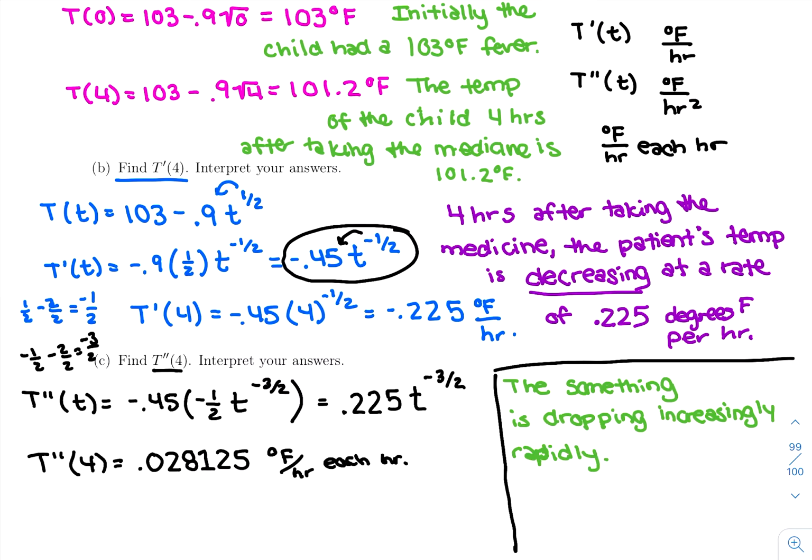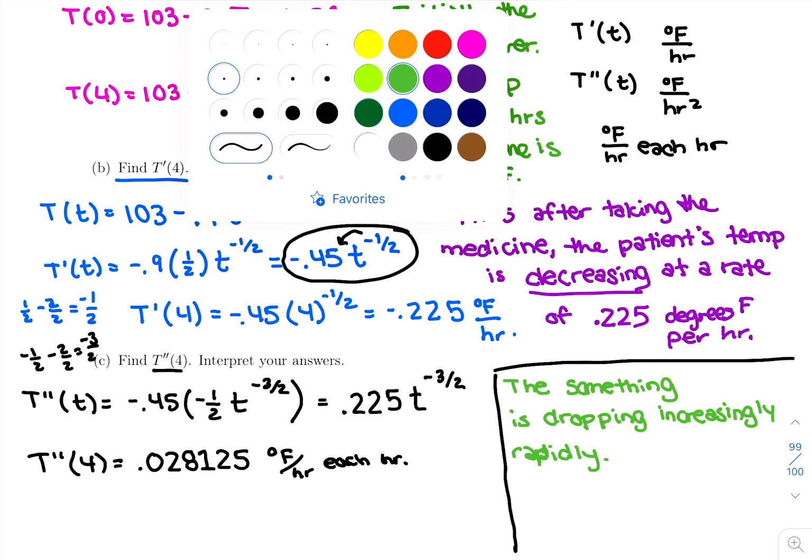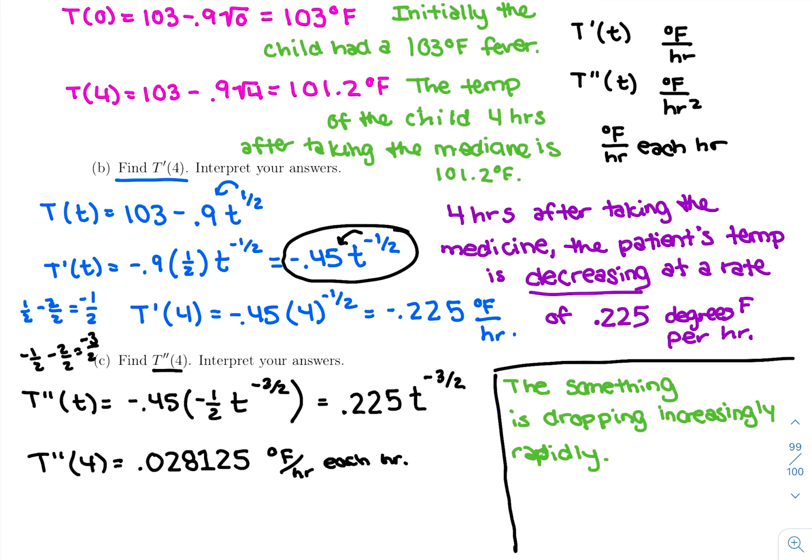So when you talk about a second derivative, you have to talk about the first derivative first. So on this, when I say something is dropping increasingly rapidly, when we talk about the second derivative, we need to talk about the first derivative.